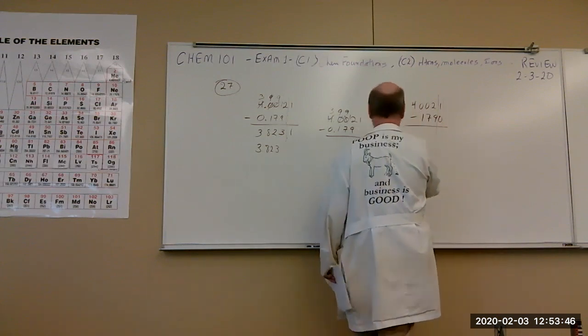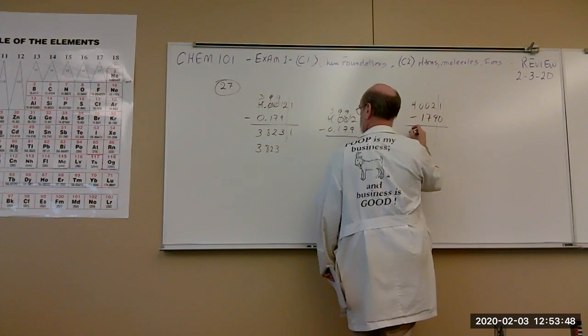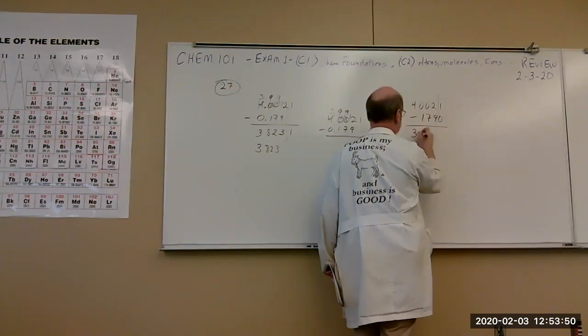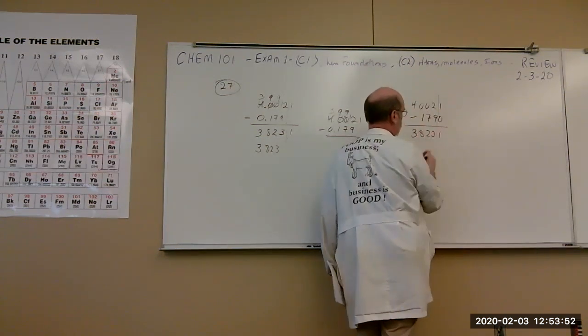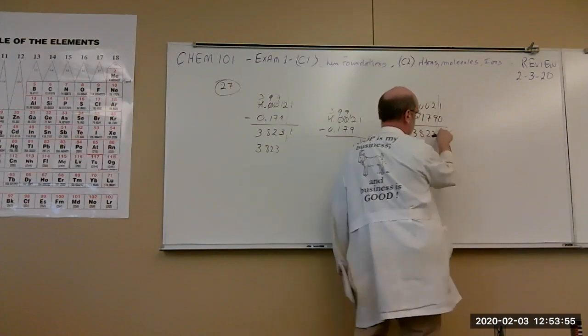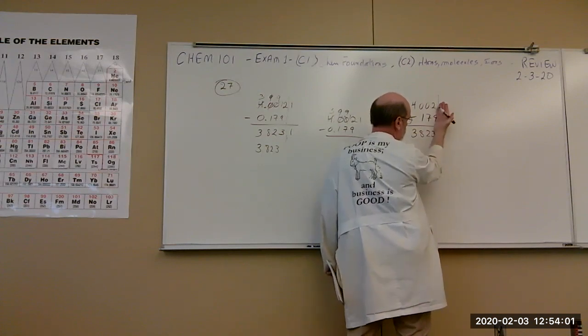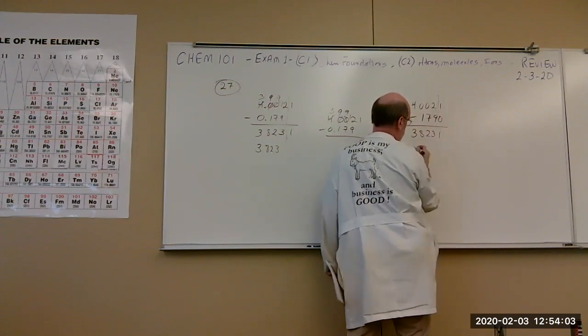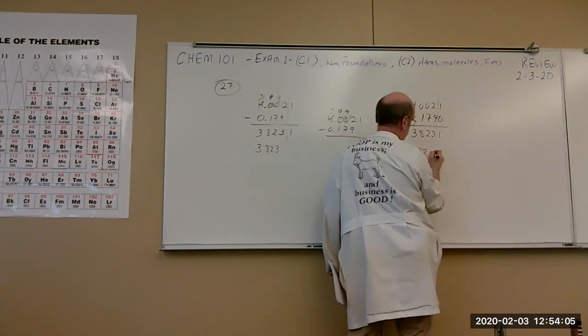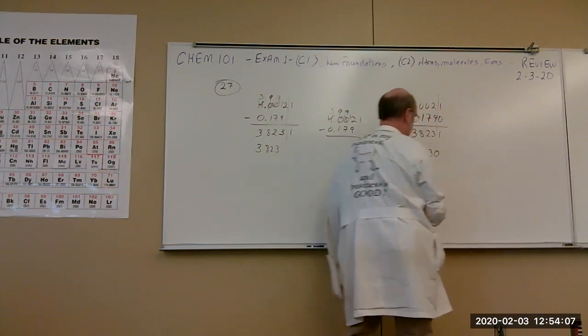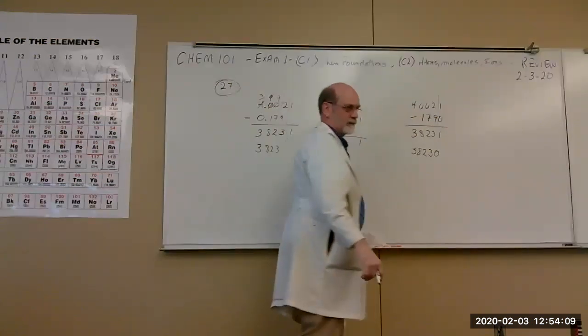And that makes it 3, 2, 3, 1, 1. Then we have to round to this position because that one's not significant. So we're limited to there. There's no decimal.